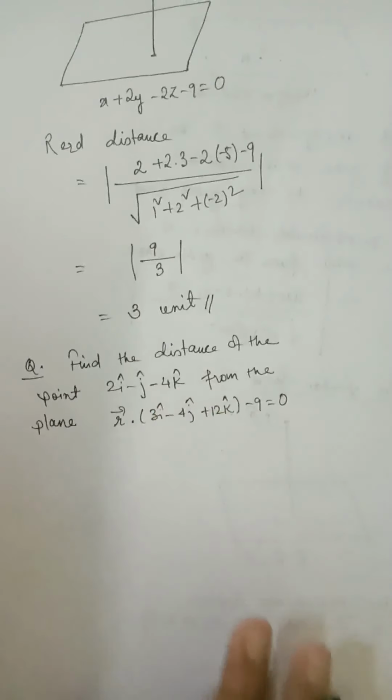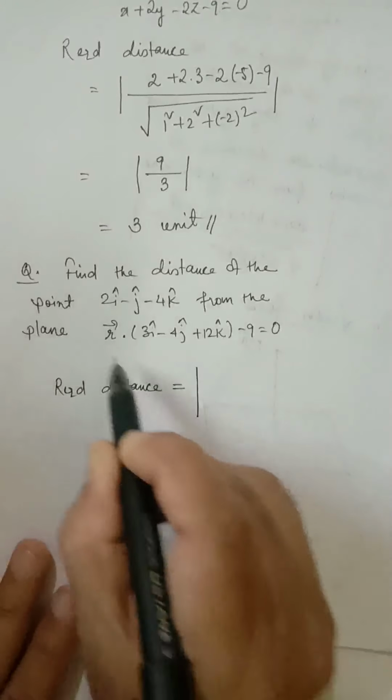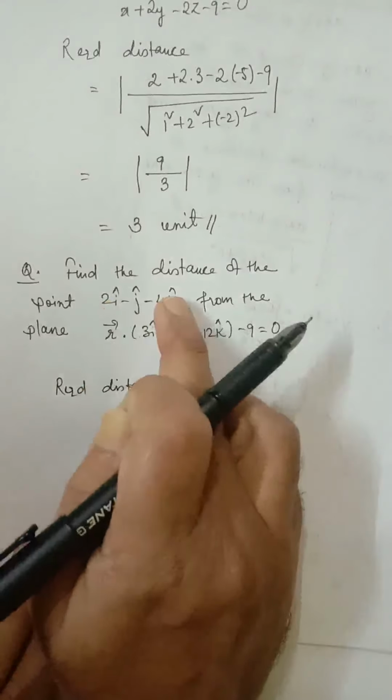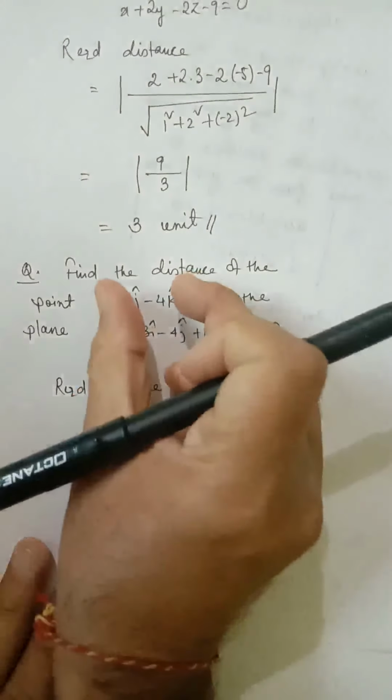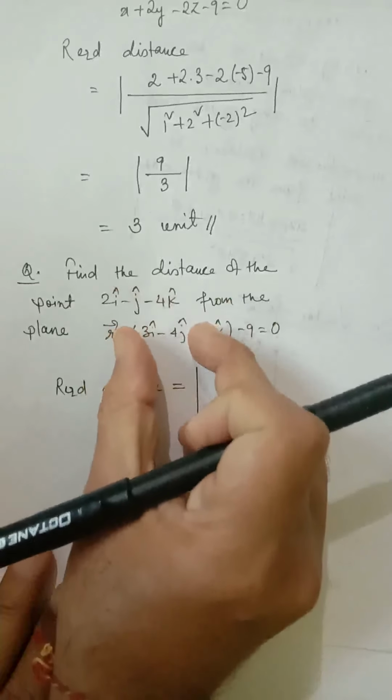I will use the formula which is in vector form. So required distance, how to find? We'll replace r by this point, that is, the point from which you have to find the distance of the plane.